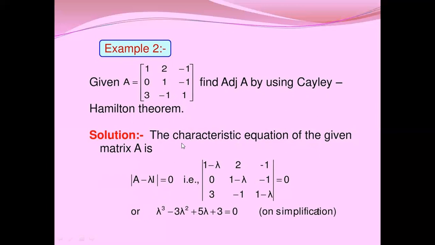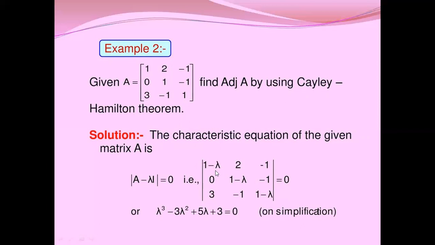Let's solve it. The characteristic equation of the given matrix A is determinant of A minus lambda I equal to 0. This is the formula of the characteristic equation. So let's substitute it and proceed. We have to subtract lambda from the principal diagonal elements.